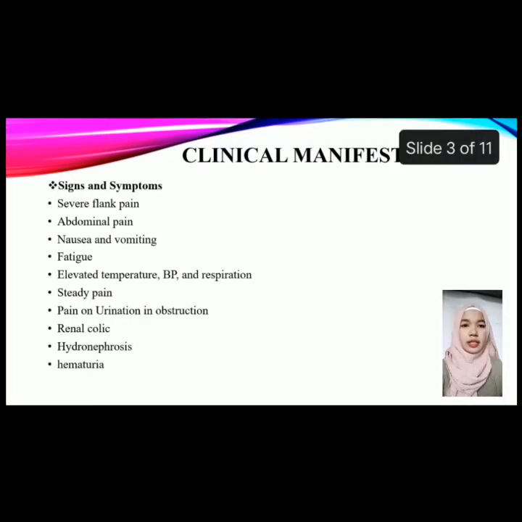Management, signs and symptoms: severe flank pain, abdominal pain, nausea and vomiting, fatigue, elevated temperature, blood pressure and respiration, steady pain, pain on urination, obstruction, renal colic, hydronephrosis, and hematuria.